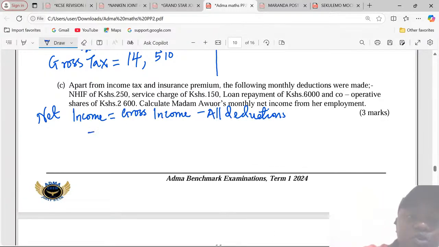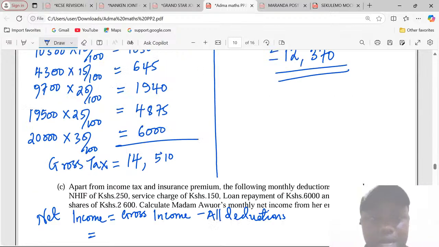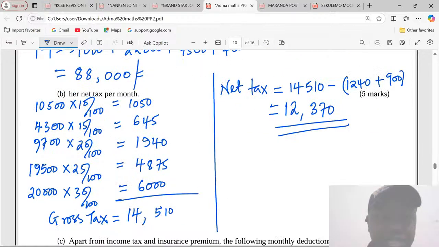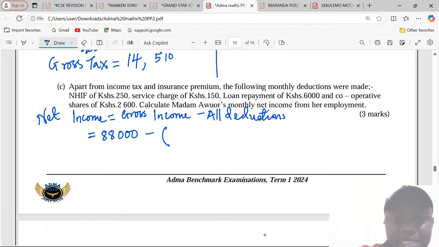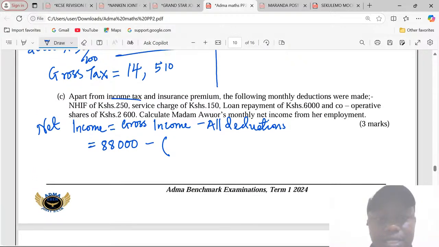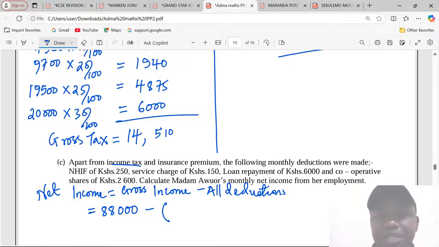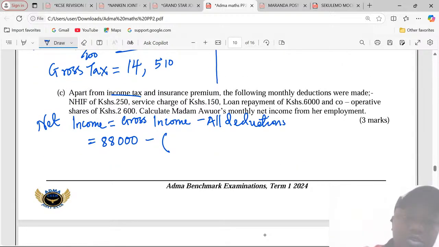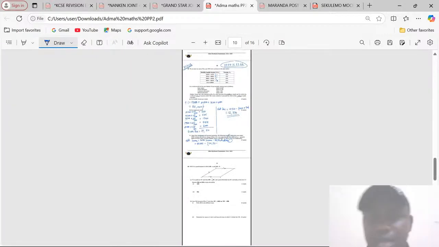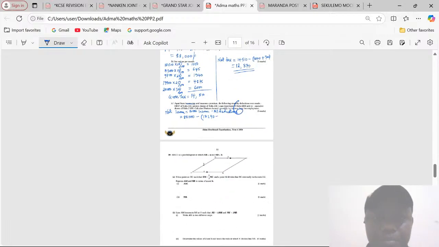So we need the gross income for this particular lady, Madam Awuor, 88,000, minus all deductions. The first deduction is income tax, which is 12,370. Then 6,000 for premiums.